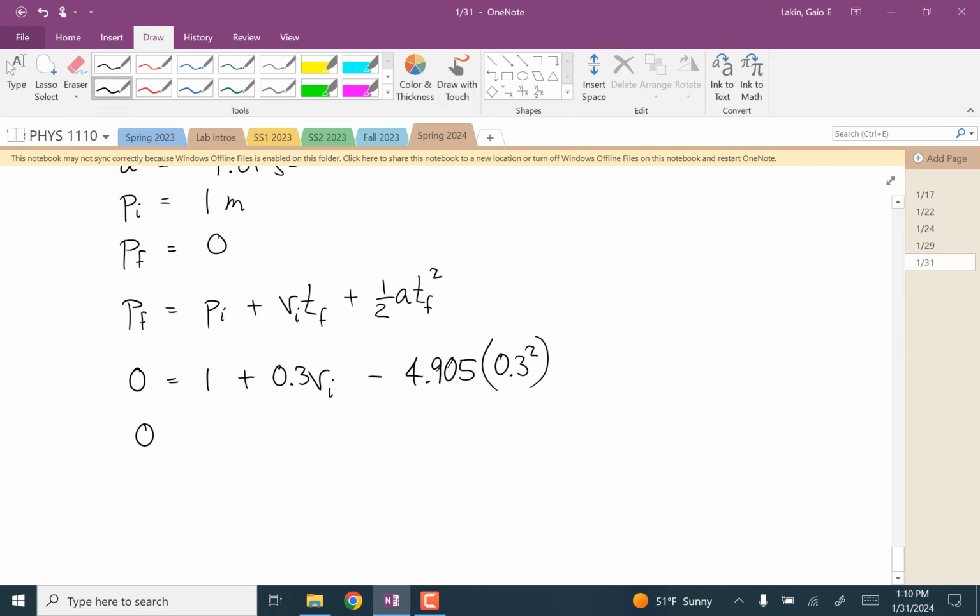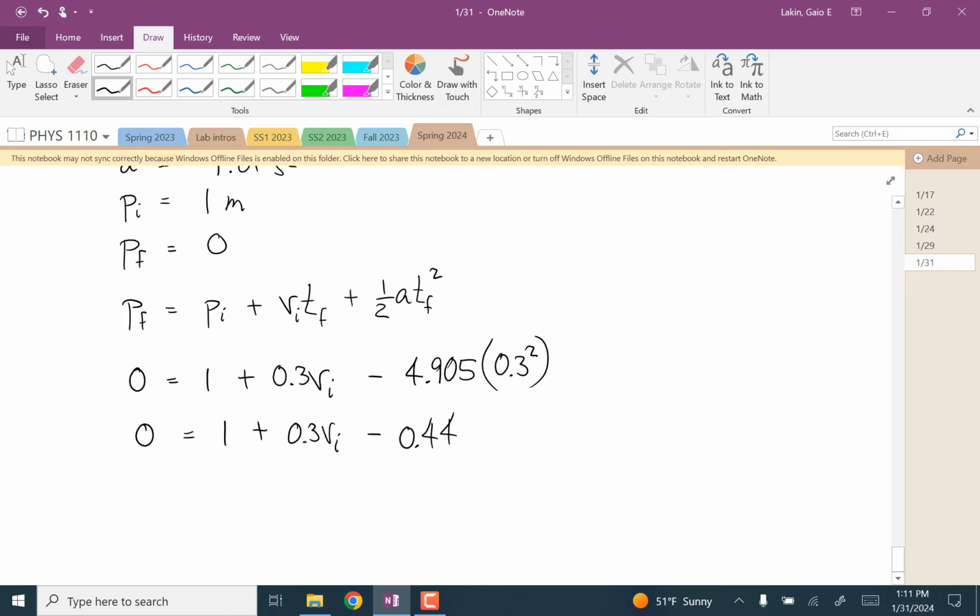So I'll rewrite this as minus 4.905 times 0.3 squared. We have 1 plus 0.3 VI minus 0.44. I'll leave it like that.